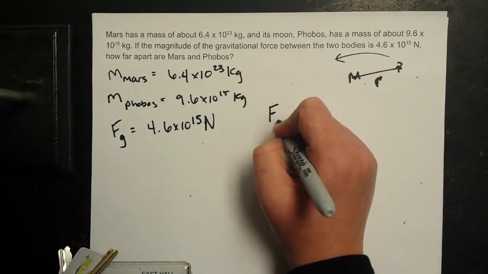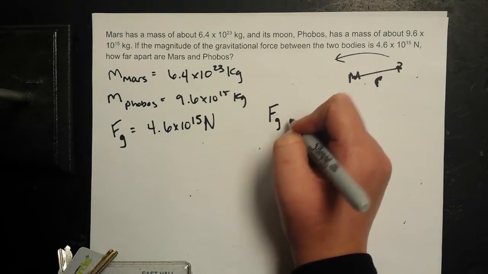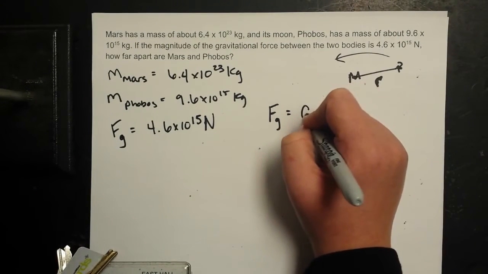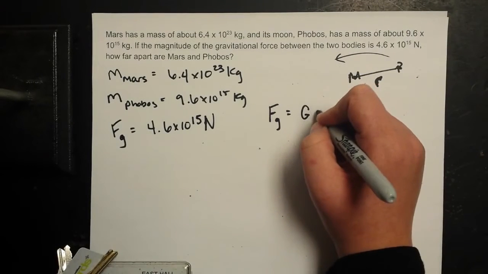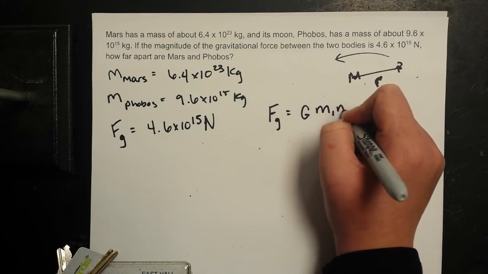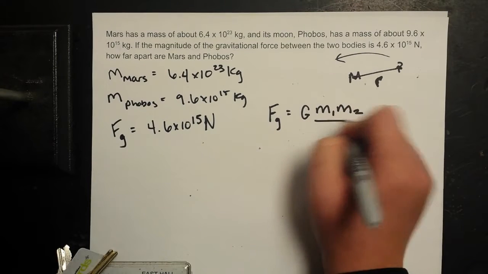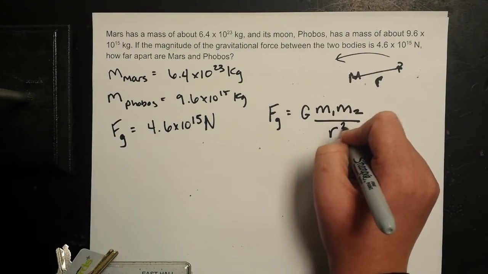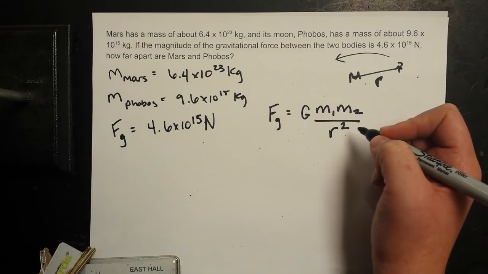Okay? And if we write down the equation for Newton's law of gravitational attraction, here we've got Fg is equal to big G, which is a constant, times the mass of my first object, times the mass of my second object, over the distance between the two objects squared.